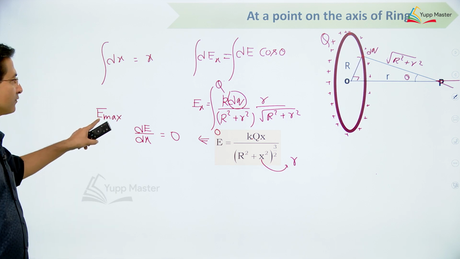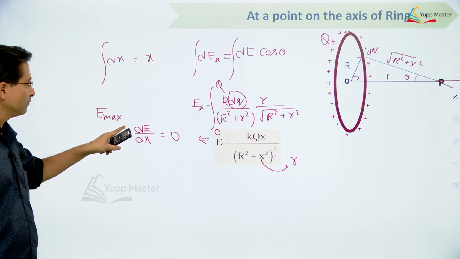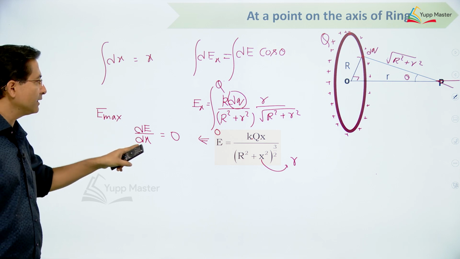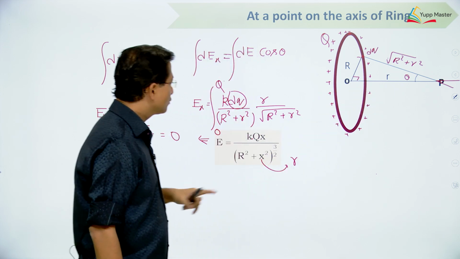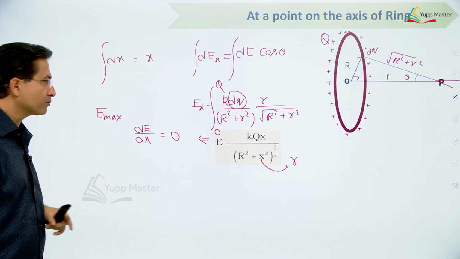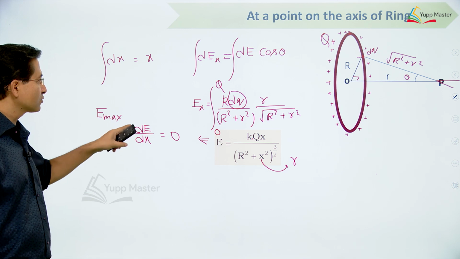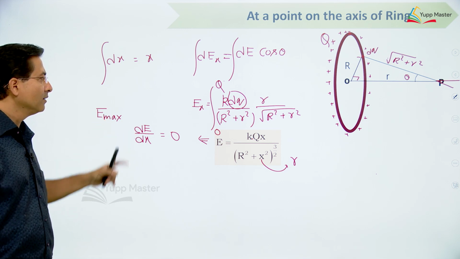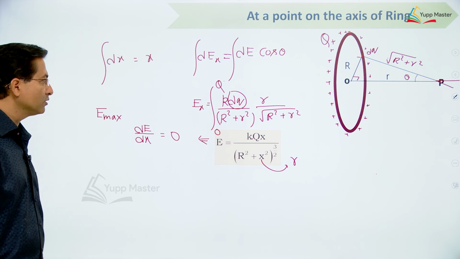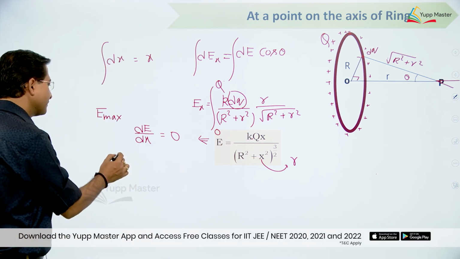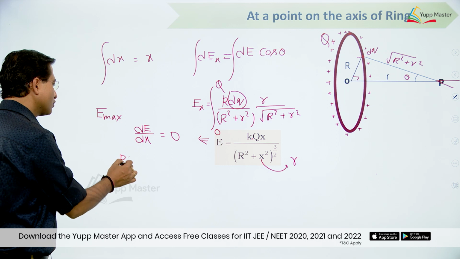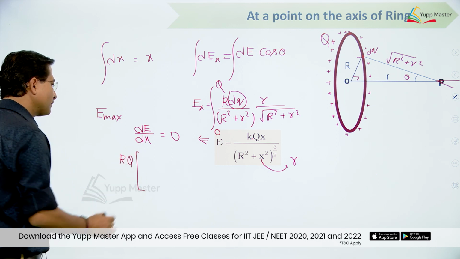So to get electric field maximum value, we need to first find out the location where field is achieving its maxima. To do so, we can use the concept of maxima minima. So as field is achieving its maxima, we will differentiate this function and equate it to 0, right. These two are constant. So I can take kq out and then I will differentiate the function.